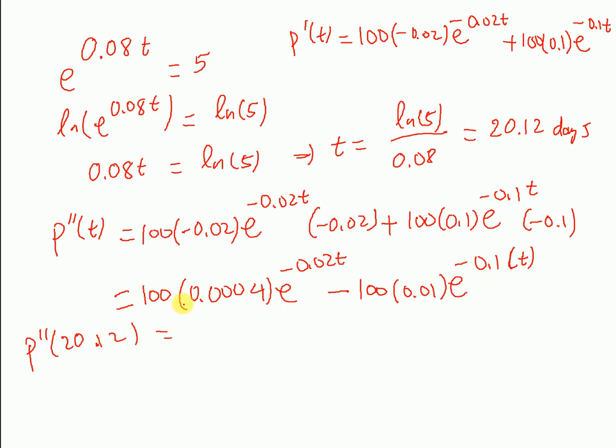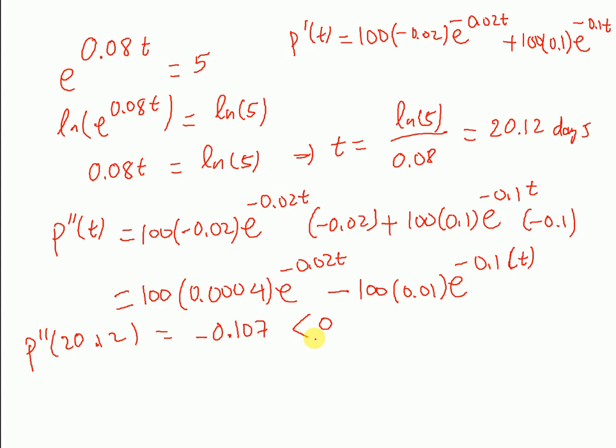If you plug in 20.12 into this formula for P double prime, you're going to get minus 0.107. This one is negative.